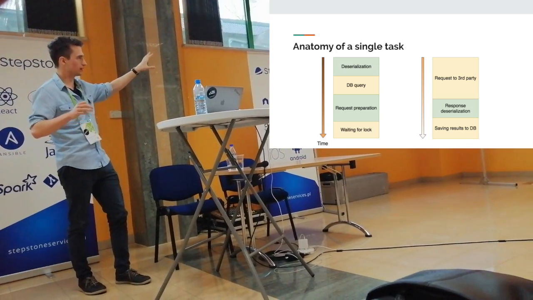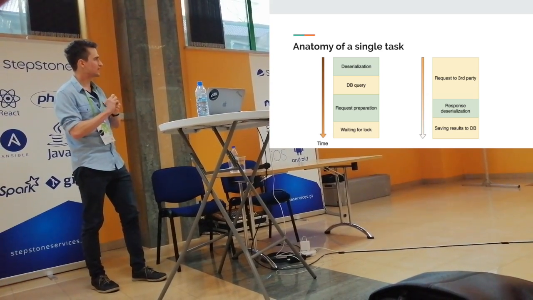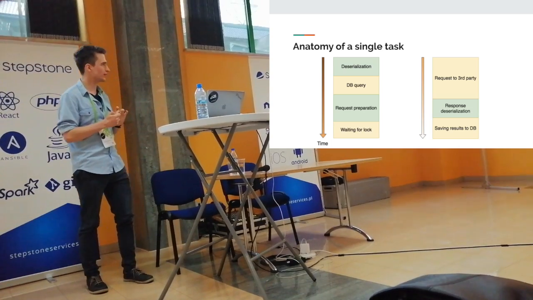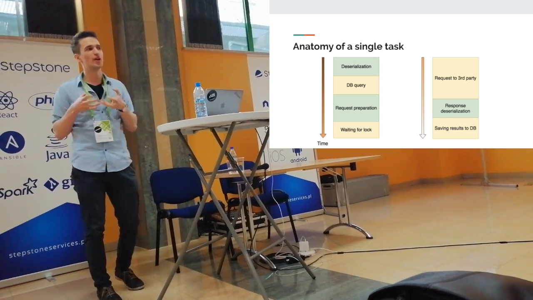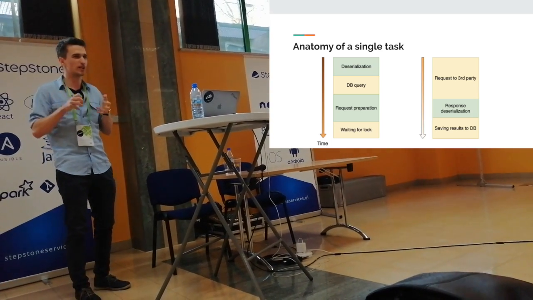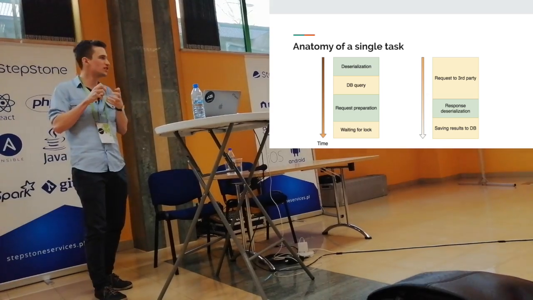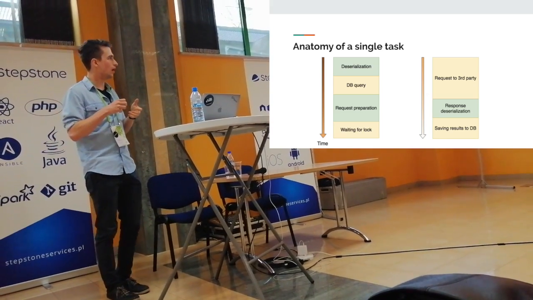The arrow shows which direction time goes, and usually the task starts with deserialization. We get some JSON, some information from the queue, and we deserialize it. We get some ID, let's say a product ID, so we can ask the database for this product.